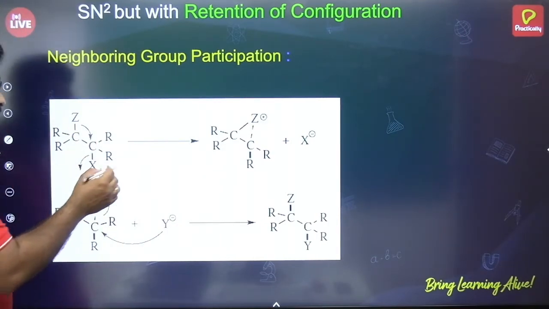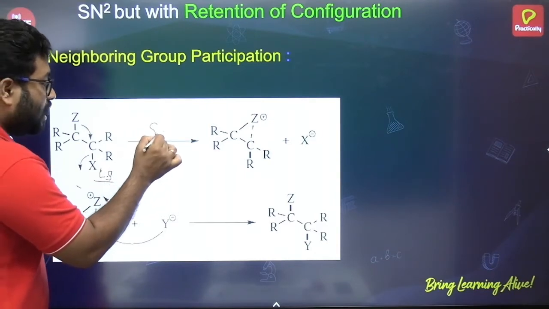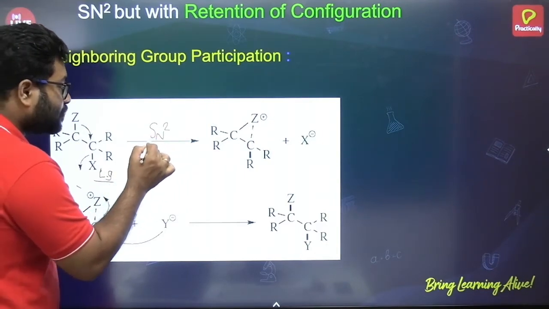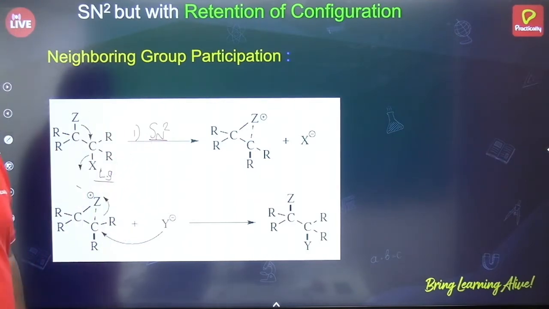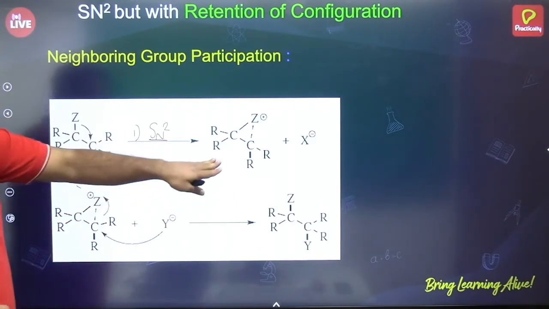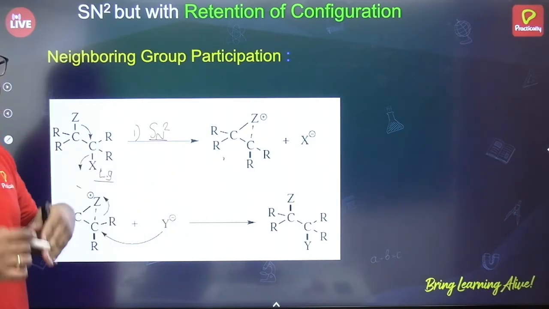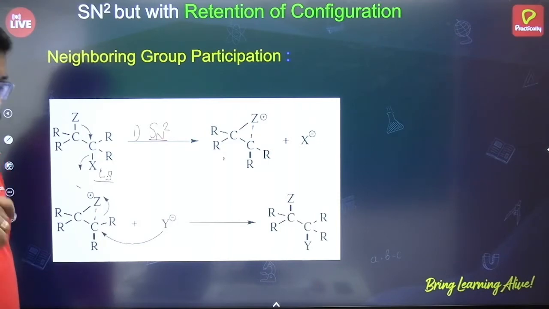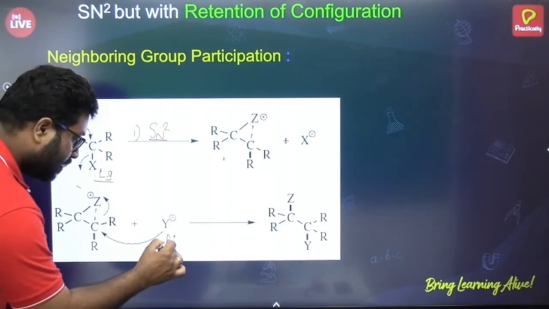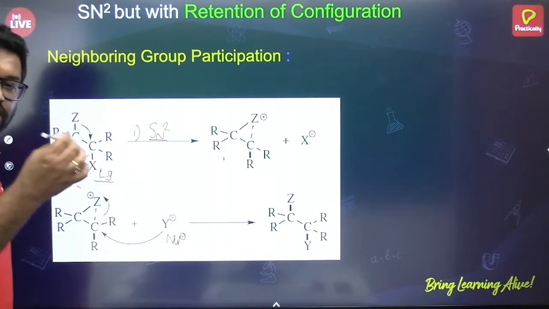So the first SN2 reaction has already happened. Okay, now you got this. You can call this a transition state or whatever. Now your nucleophile comes. This is your nucleophile, the one we saw in the first slide.